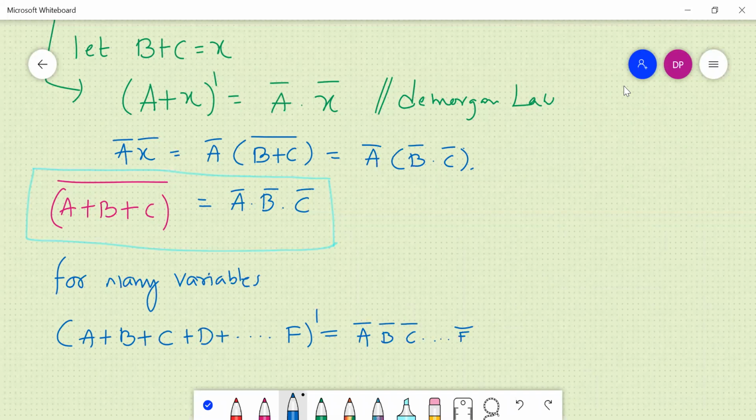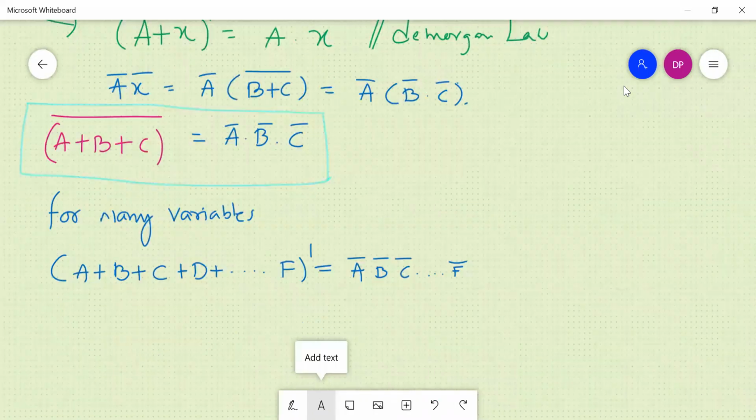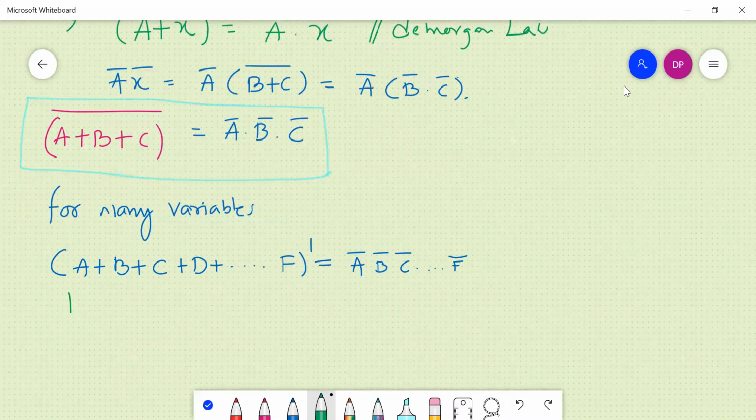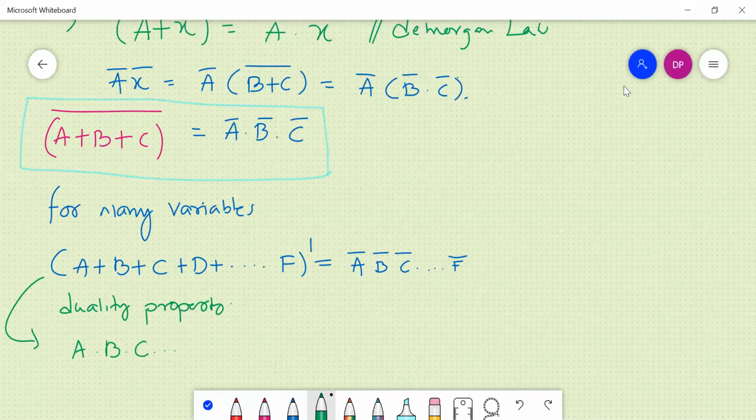So if we use duality property, we can write A dot B dot C and so on whole bar, its complement, equal to A bar plus B bar plus C bar and so on, plus F bar, right?